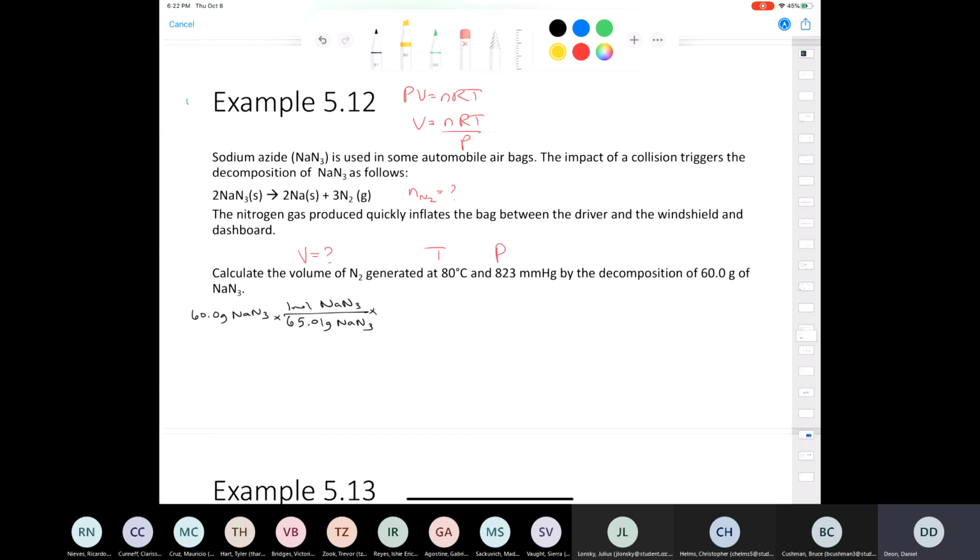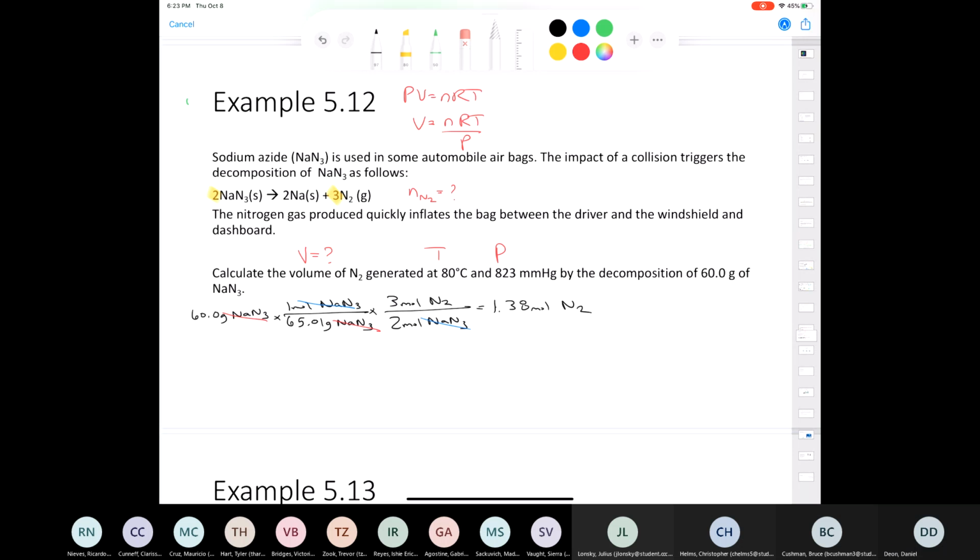From our balanced equation, we know that 2 moles of sodium azide produce 3 moles of N2. Grams of sodium azide cancel, moles of sodium azide cancel, and we're left over with the moles of nitrogen, which are 1.38 moles of N2.